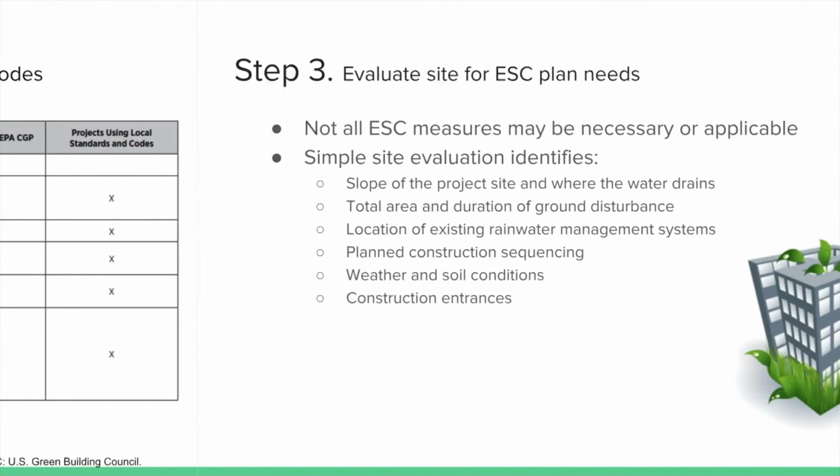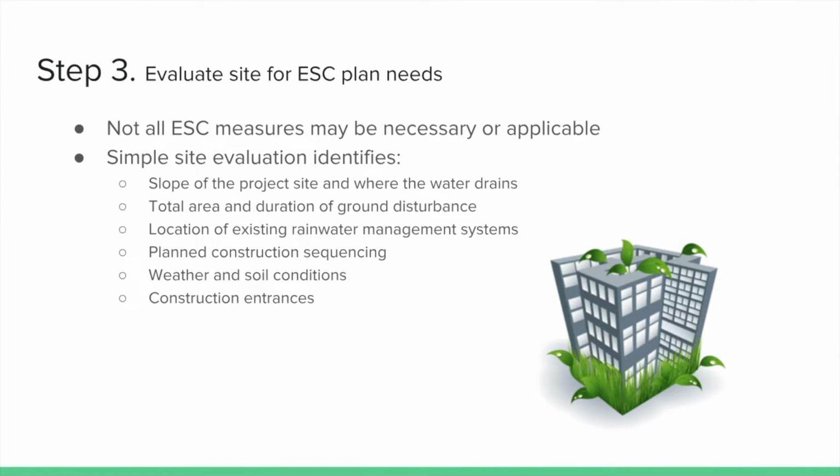Step 3 is to evaluate the site for an ESC plan need. Not all of the ESC measures may be necessary or applicable to your site, so you have to perform a site evaluation. A simple one identifies the slope of the project site and where the water will drain, the total area and duration of the ground disturbance to identify air quality and rainwater runoff that will affect neighboring properties.